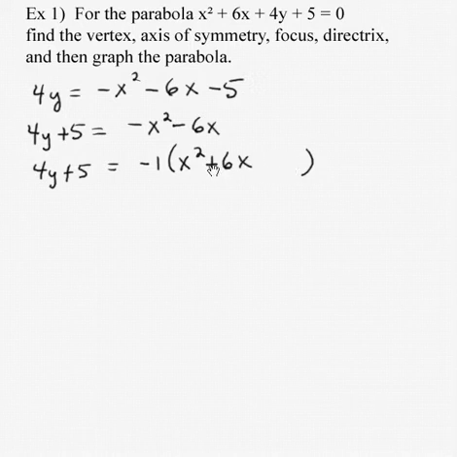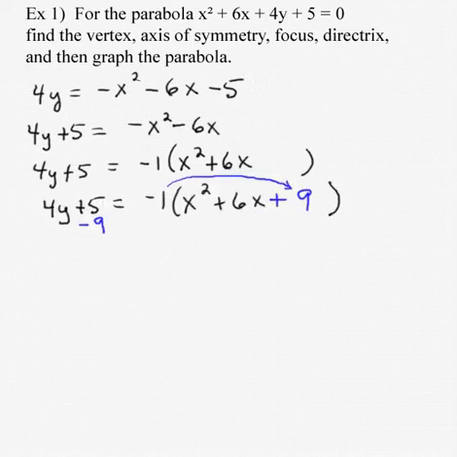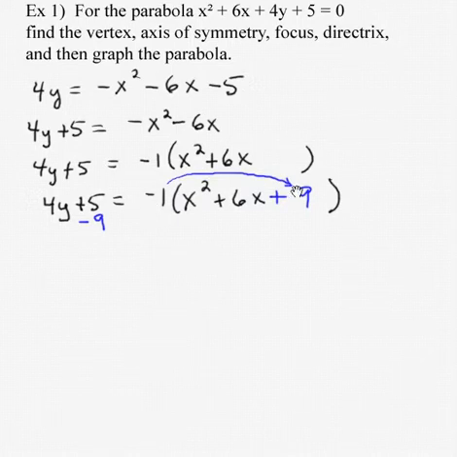All right, to make this a perfect square trinomial inside the parentheses, we're going to do what I call the Texas two-step. So 6 divided by 2 is 3. 3 squared is 9, but be very careful. The 9 that we would like to put here is being distributed by a negative 1. So we really added negative 9 to the right side of the equal sign, and we must add negative 9 to the left side of the equal sign in order to keep the equation equivalent.